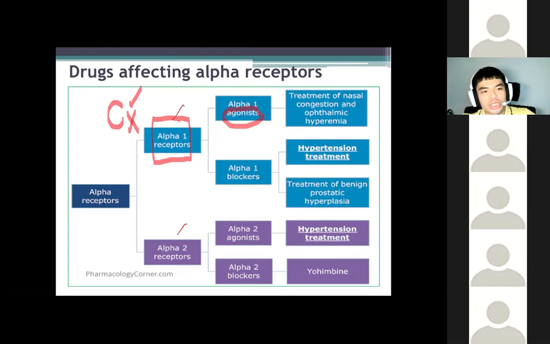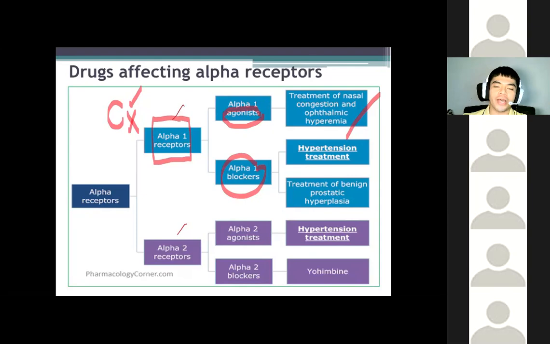Usually kapag constrictors sila, they can be used as decongestants. And other applications will be discussed sa next PowerPoint presentation natin. And then for alpha-1 blockers, since they are dilators or relaxants, one of their effects is by relaxing the blood vessels.